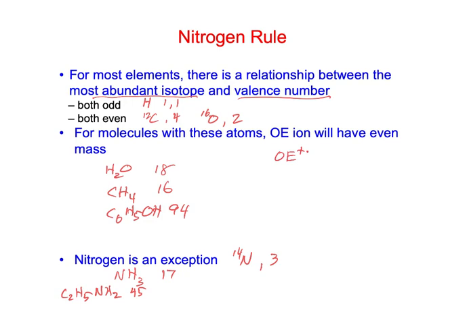So these odd electron ions have an odd mass. It's an even mass. So this leads to what's called the nitrogen rule.